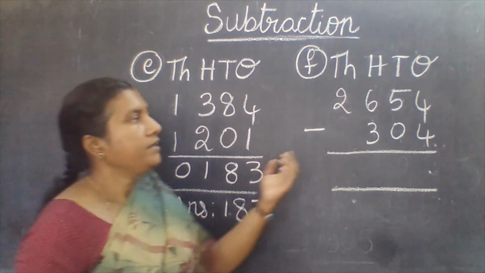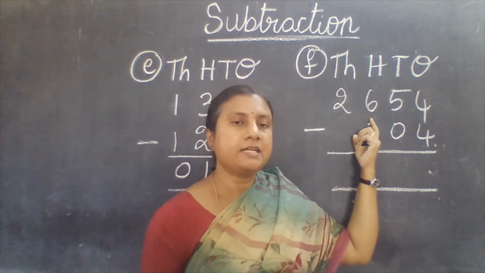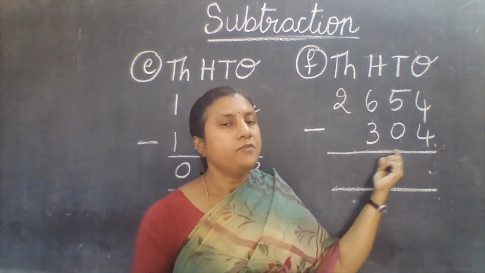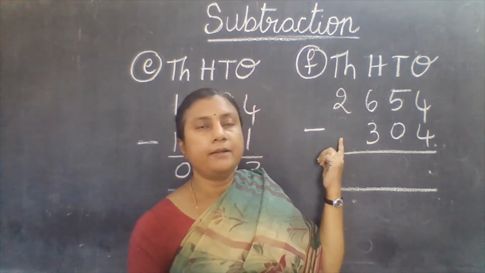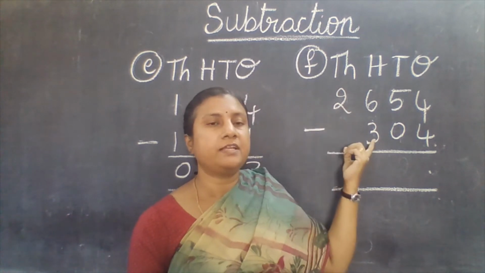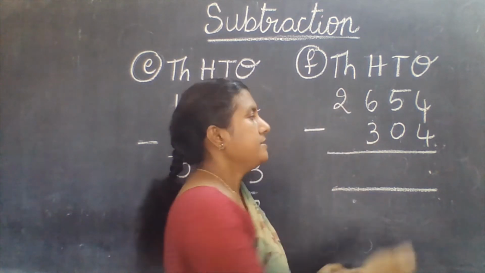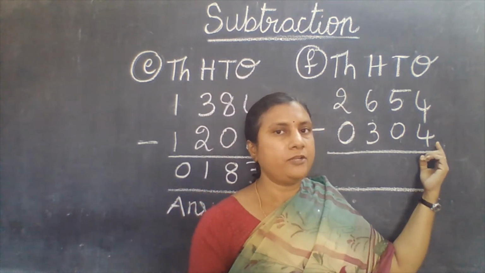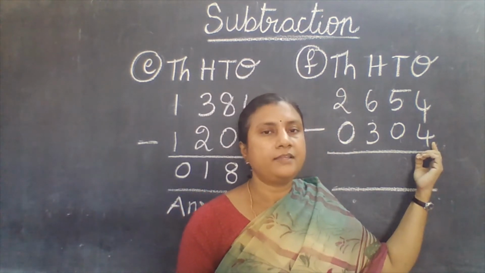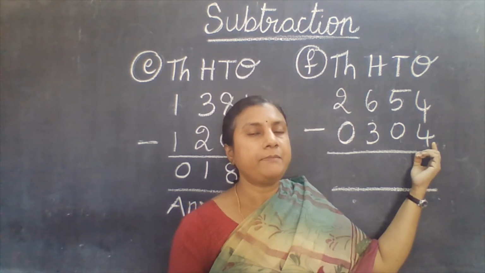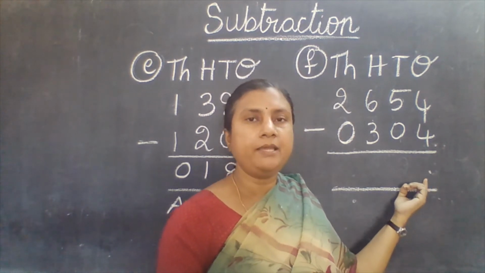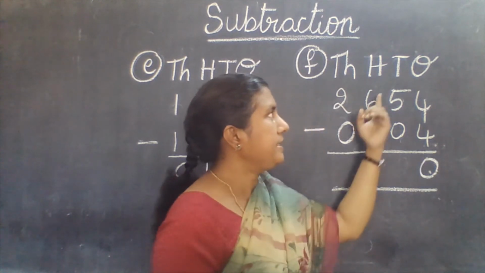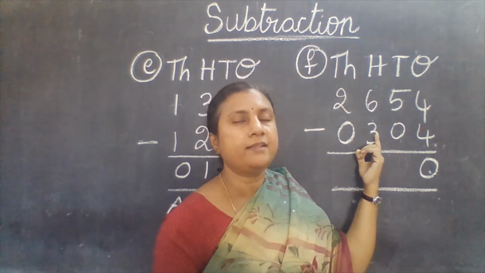So what is the answer? 183. Here we have 2654 and 304 to subtract. Since there is no digit in thousands place for 304, we can write 0. Now we have to start from ones place only. 4 and 4 are there to subtract. According to same number property, the difference will be 0. Next, in tens place, 5 and 0 are there to subtract.